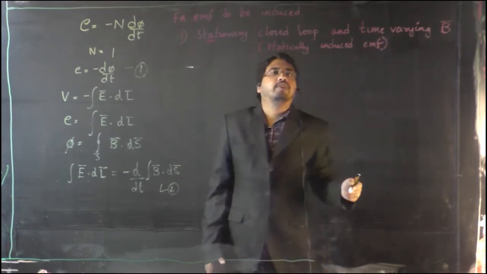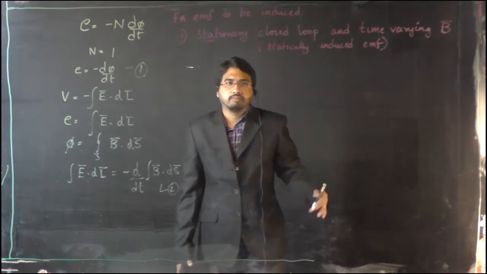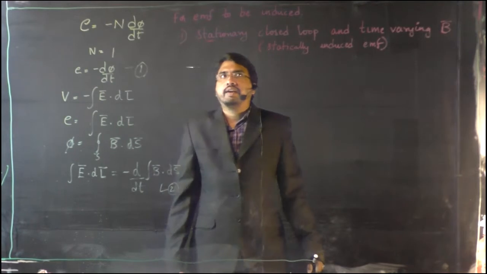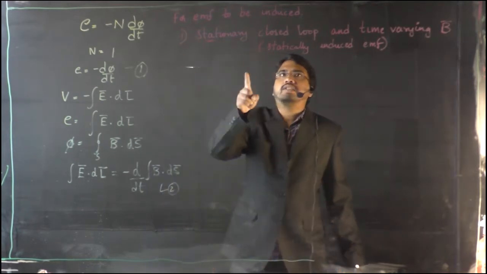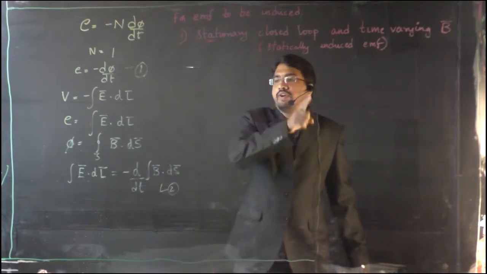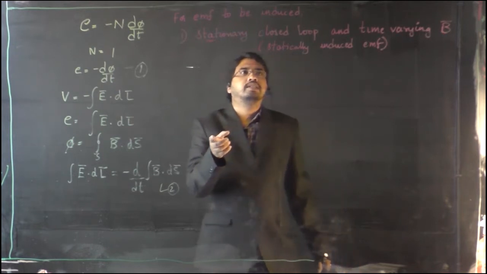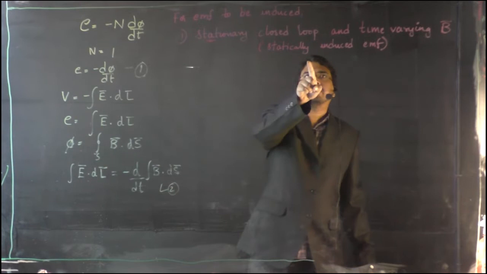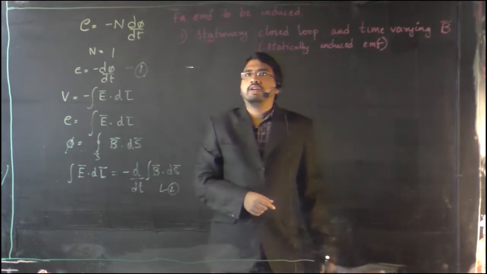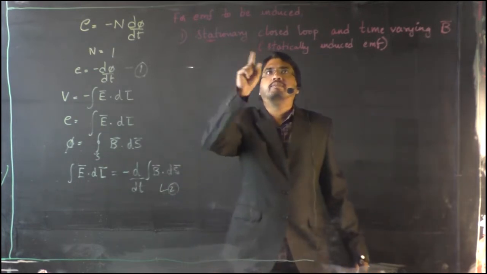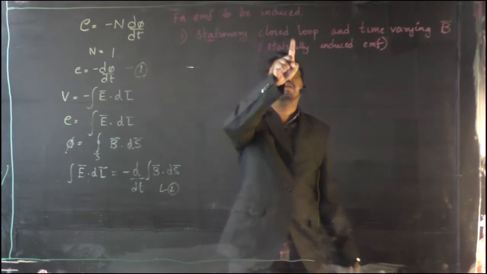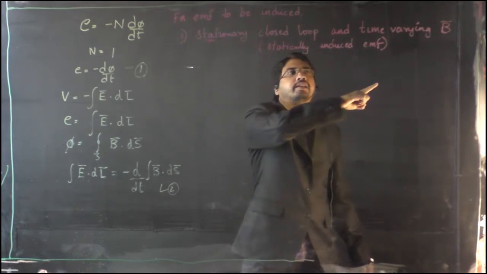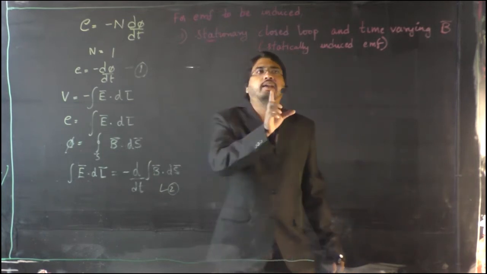We have already defined in our previous subjects that statically induced EMF means whenever the conductor is stationary and the flux is varying, then the induced EMF is called statically induced EMF. So your first case is a stationary closed loop, that means a stationary conductor, and a time varying magnetic flux density or magnetic field.